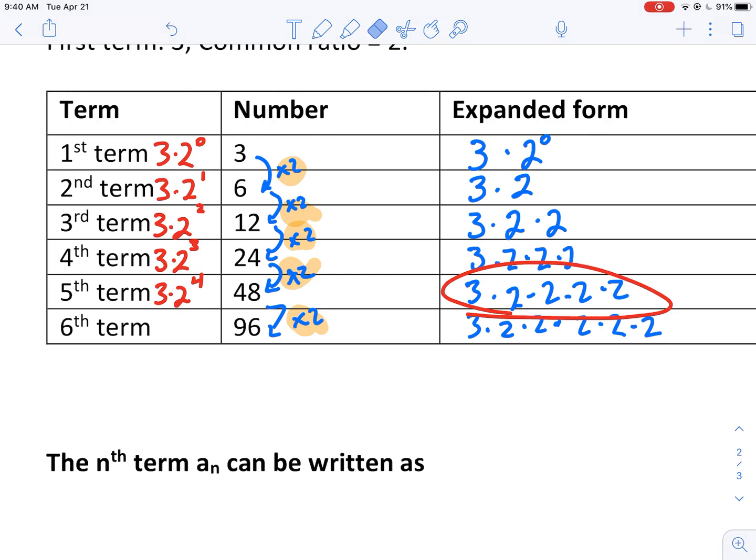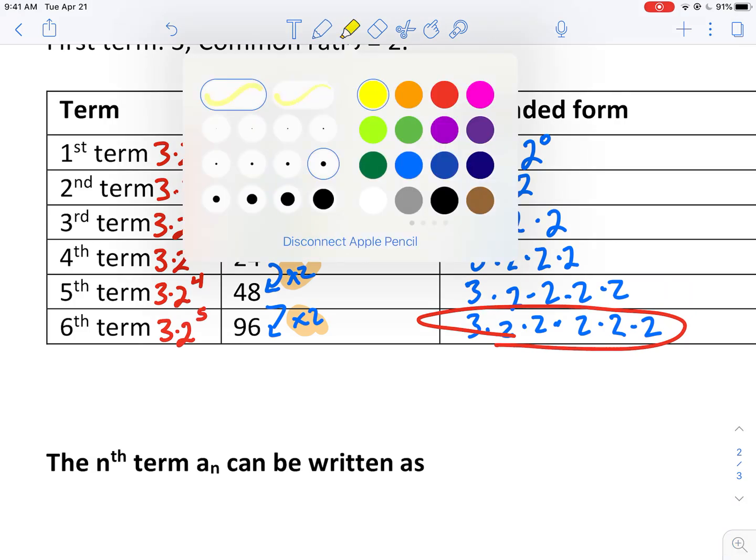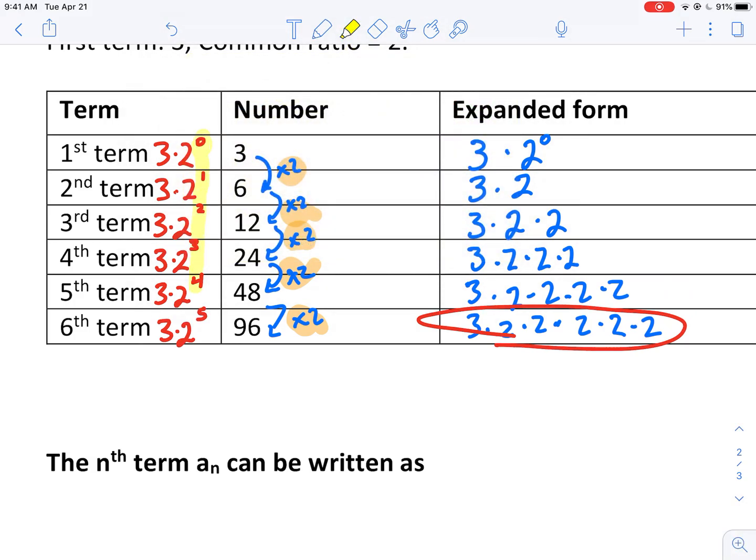I could write that as 3 times 2 cubed, since I have 3 of them. Okay, what about 2 times 2 times 2 times 2? Well, it's 3 times 2 to the 4th. And our very last one here, how many 2's do I have here? I've got 5, so 3 times 2 to the 5th.